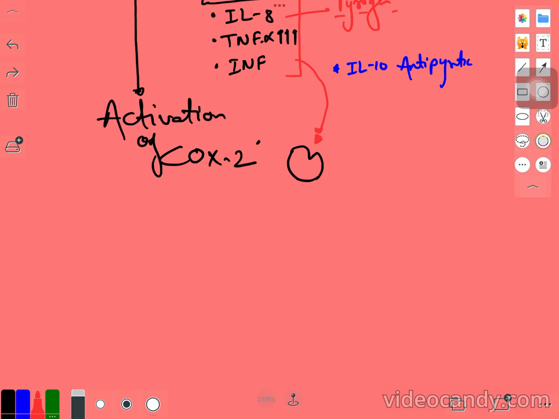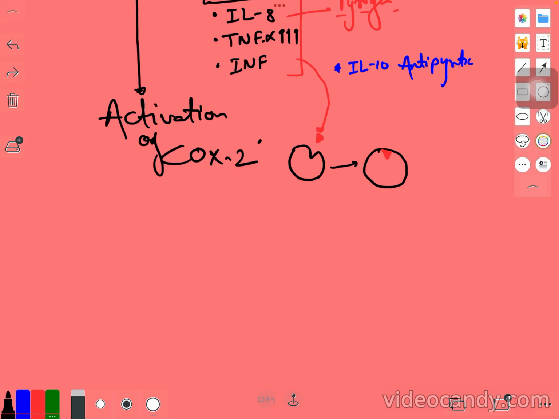This thing will fit very perfectly and causes the activation of the COX enzyme, right?